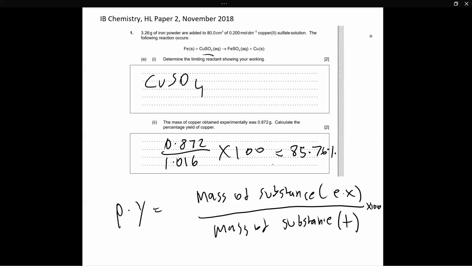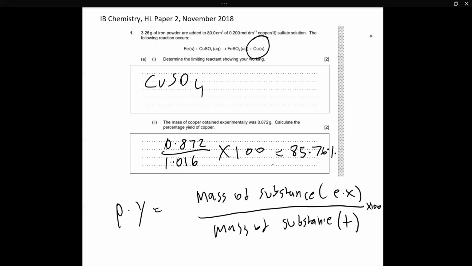So if you are a person who manufactures copper, you want to figure out what is the best method to make copper, which gives you the highest percentage yield. This percentage yield basically tells you which method to produce copper gives you the most efficient reaction.